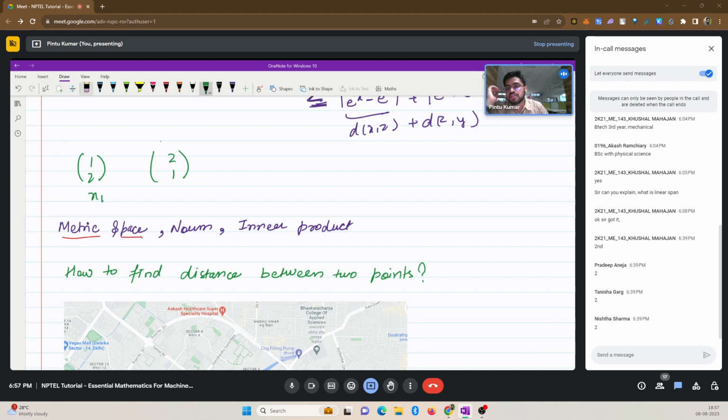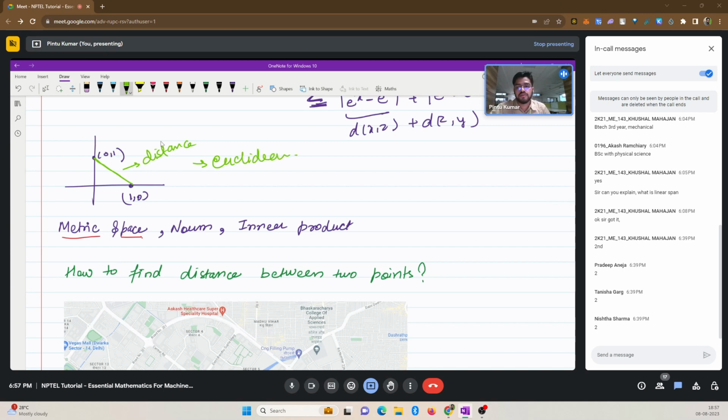Let's say you have this point as 1 comma 0, and this point as 0 comma 1. If I ask you to find the distance between these 2 points, the first thing that would come to my mind also is, let's draw a line. The length of this line would be the distance between these 2 points. That is what is called the Euclidean distance.